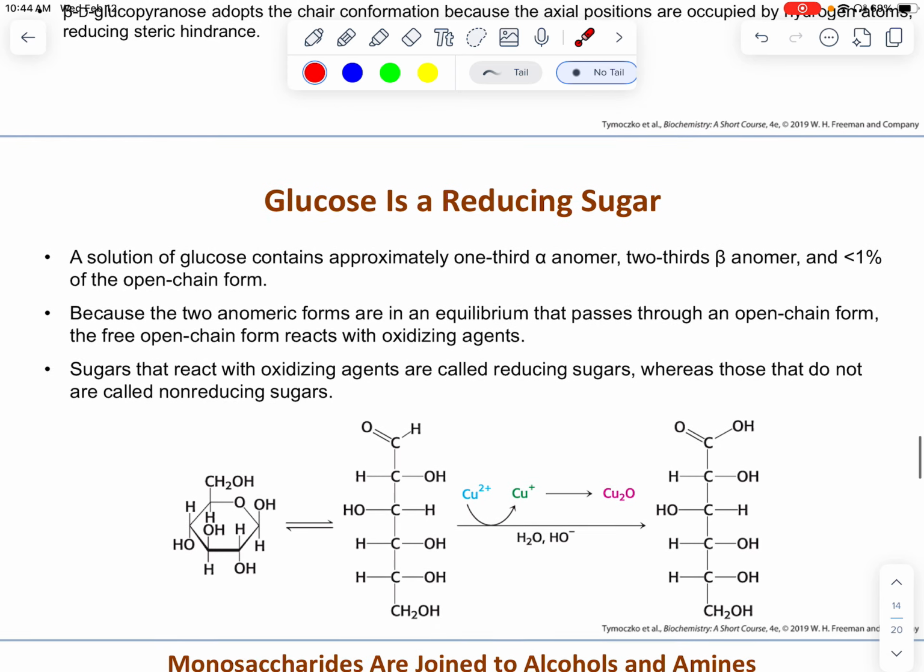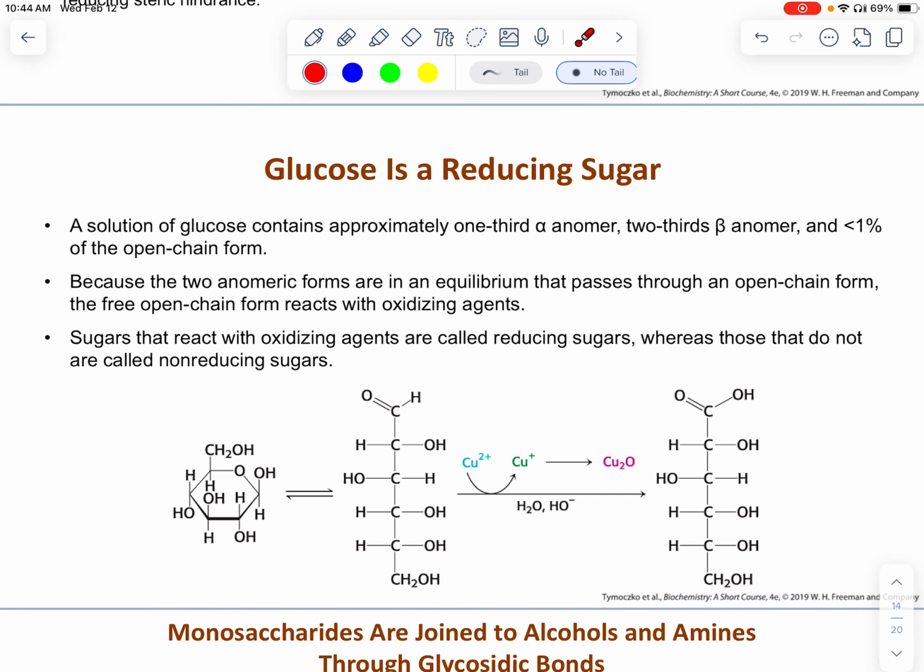Okay, some more terminology. Glucose is what we call a reducing sugar. When we look at this, we have our ring structure in equilibrium with our open chain structure, which will actually be in equilibrium with the other ring structure, right? So we have 3 things that could happen.